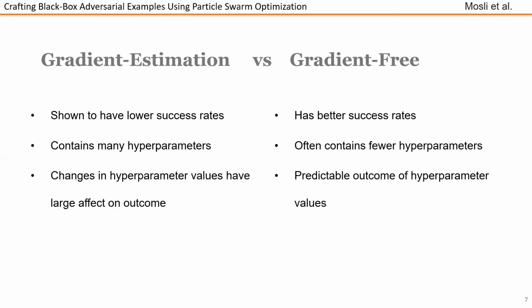Tuning these hyperparameters would cost more queries for settings that require it. On the other hand, as shown in this attack and in others, gradient-free attacks have fewer hyperparameters, and they usually have predictable effects on the outcome of the attack. Finally, in comparing attacks from the two categories, it can be observed that in general, gradient-free attacks use fewer queries than gradient estimation attacks.